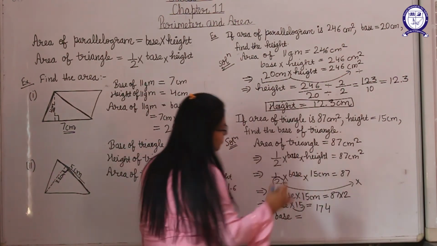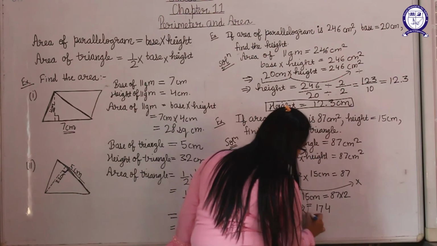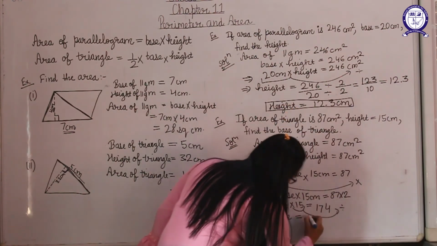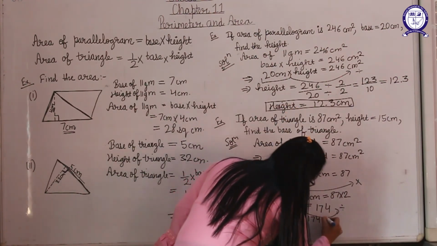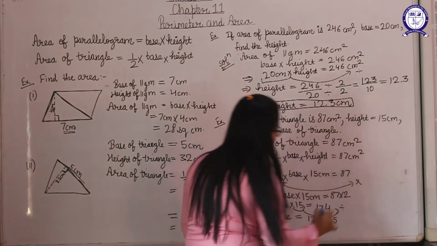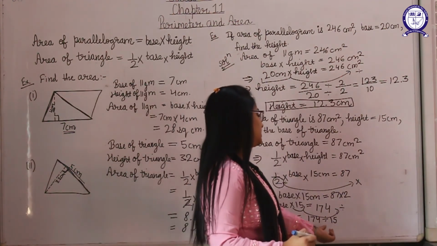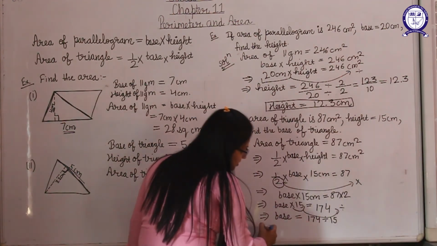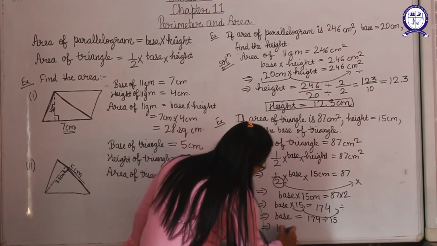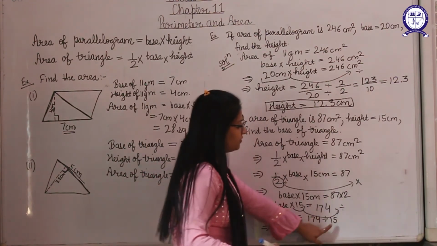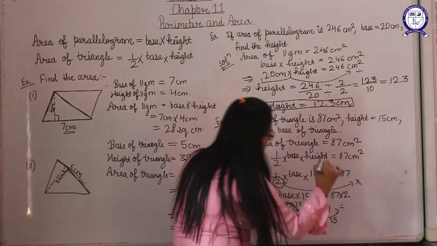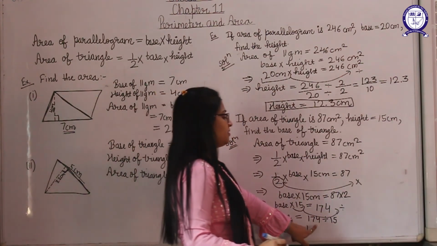This 15 is in multiplication. So on that side it will be divided. So 174 divided by 15 means we have to divide 174 by 15 and we will get the answer of base. So students, we have to divide here. So 15 ones will be 15. 2 will be the remainder. It will become 24.